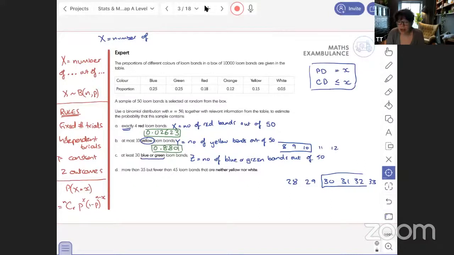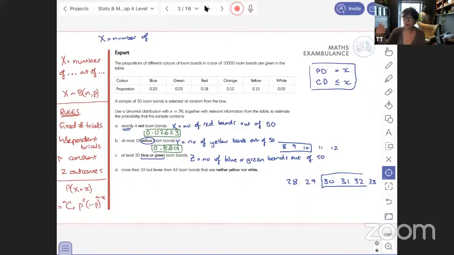T-boy asks, does and mean multiply in maths, and or is add? Yes and no. Or is add, but it's very important that and is not times. And is only times if the 2 things are independent. It's how we test independence.